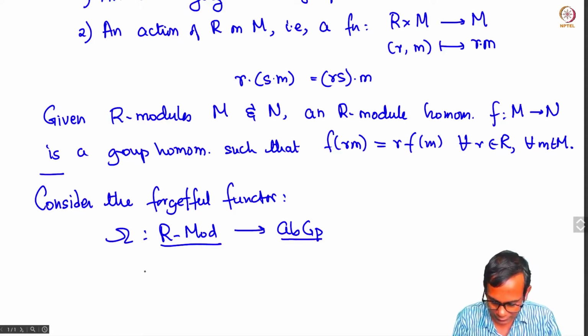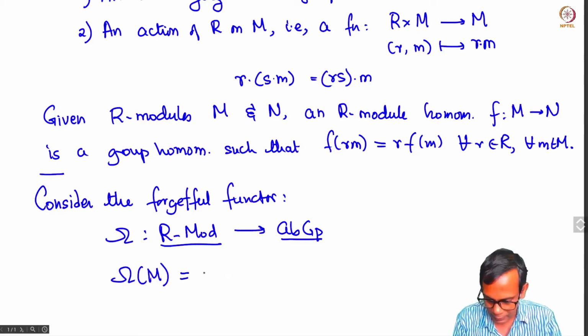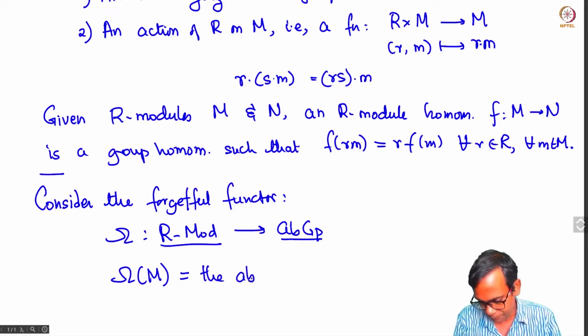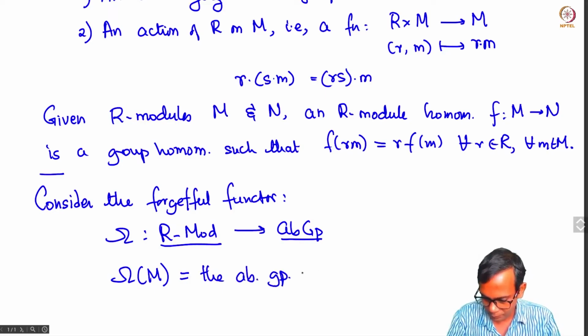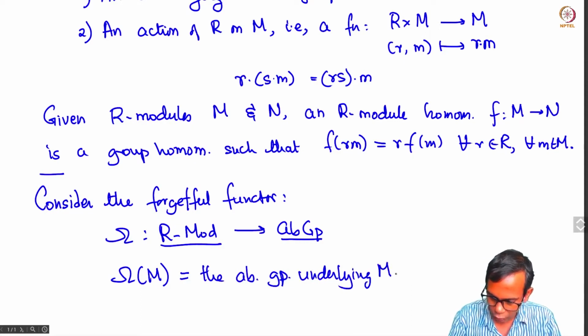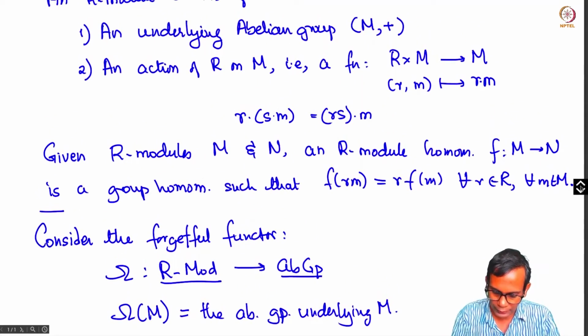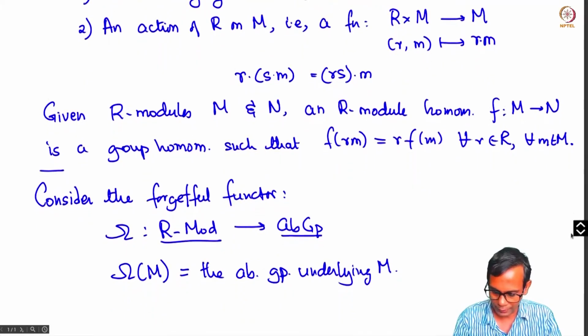And what this functor does is that given an R-module M, omega M is just the underlying abelian group. So it's called forgetful because you're going to forget this second part of the data defining an R-module, namely the action of R on M.